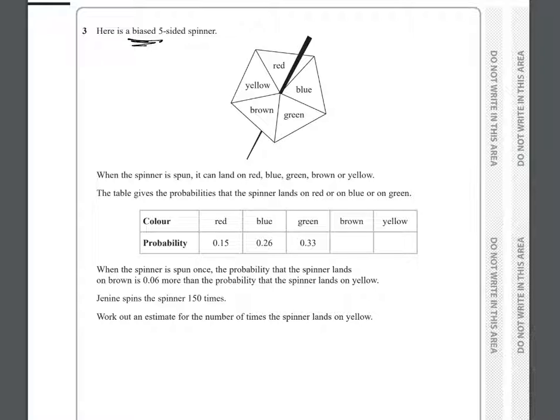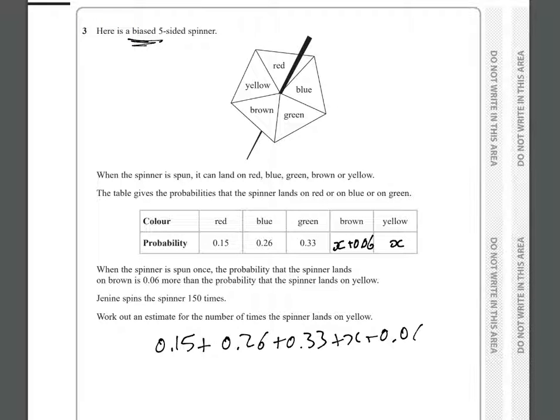So 0.06 more. If we say this is an unknown x, then this is x plus 0.06. We know that all those add up to 1, so 0.15 plus 0.26 plus 0.33 plus x plus 0.06 plus x equals 1.